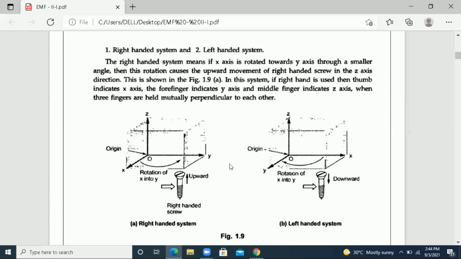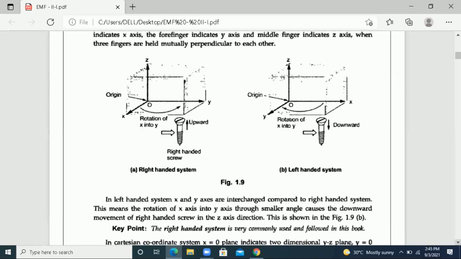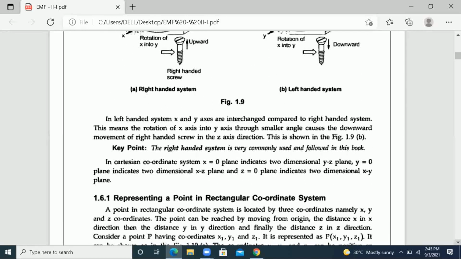We have what we call the right-handed system, where you have X, Y, and Z. So you rotate X into Y. The left-handed system, you have X, Y, and Z. Rotate X into Y. In the left-handed system, X and Y axes are interchanged compared to the right-handed system.